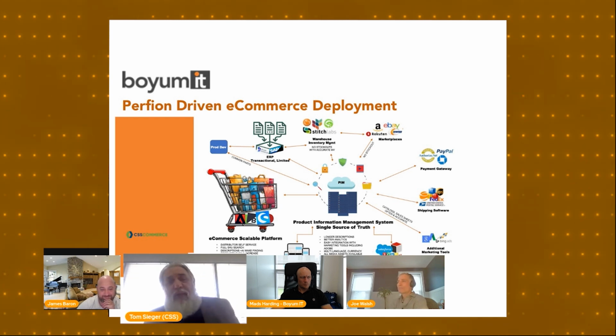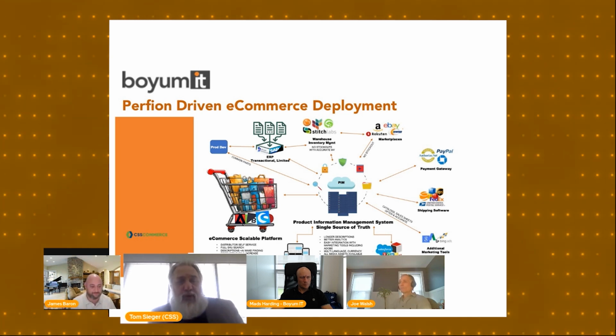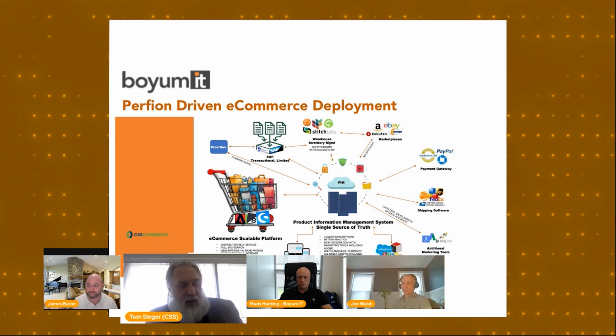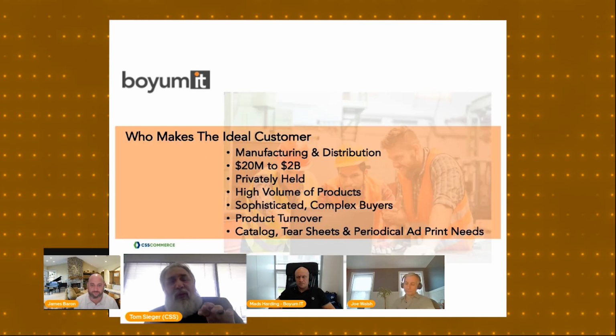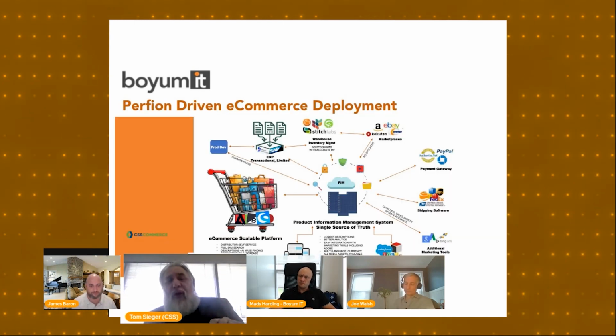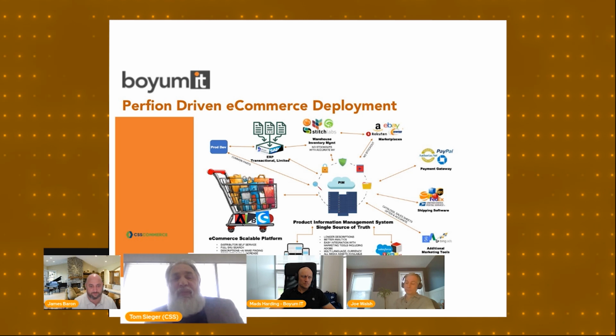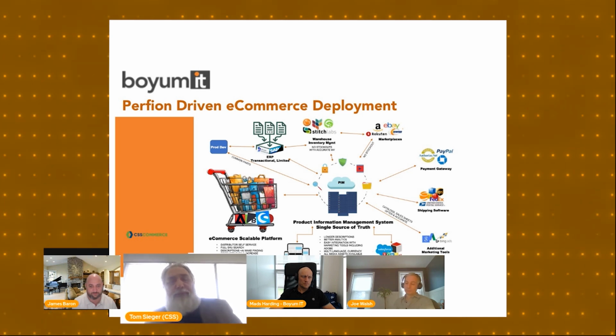All of those things can be maintained within that single source of truth and can be tightly linked to the products that they're associated with. This reduces the time and effort required for a customer to, A, maintain the data, and then B, get it out to as many different vehicles for customer consumption as possible.